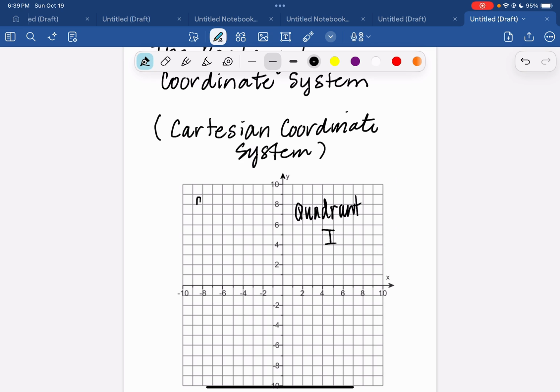Then you have quadrant 2, quadrant 3, and quadrant 4. And there's a special point on this grid, this rectangular system, and that point is called the origin, okay?